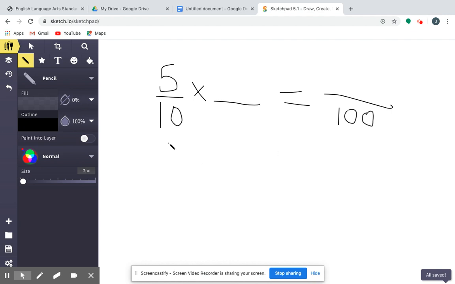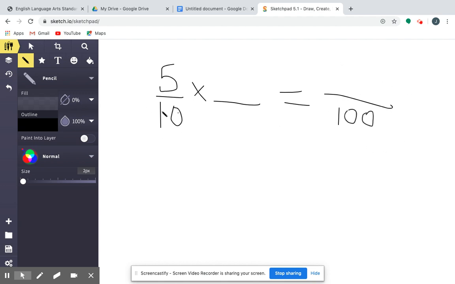So I have 5/10 times what equals how many hundredths. How can I turn these tenths into hundredths? This is decomposing fractions like we've done before. Or we could compose fractions, which we'll do after. So what do I need to multiply 5/10 by to make it hundredths?